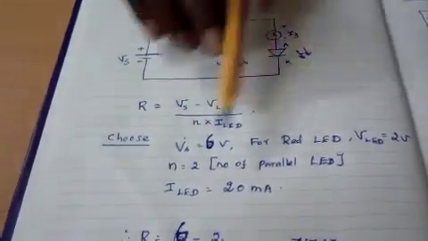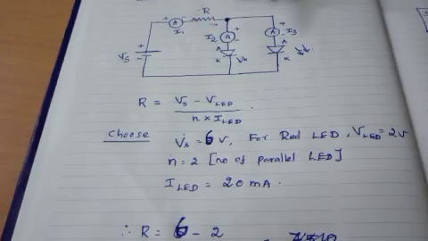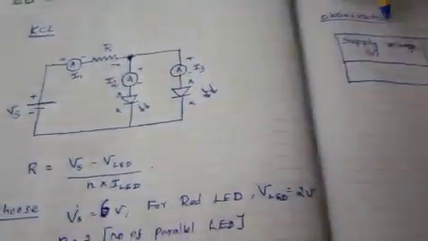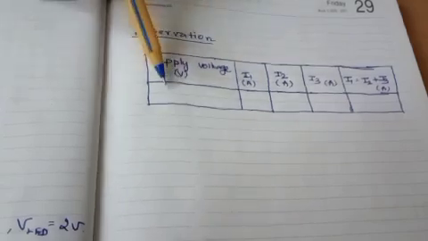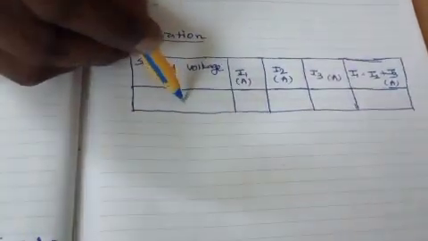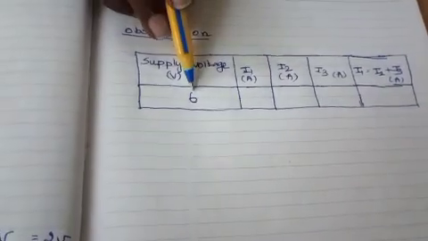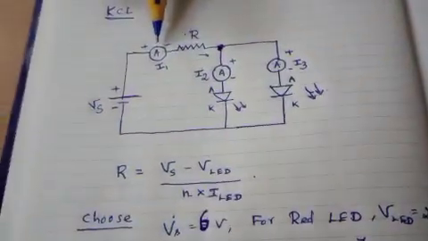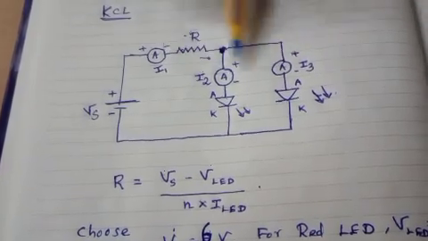Right, now let's see the procedure, how to do this experiment. Here I have posted the observation table. As I said, you need to choose some supply voltage. In our case we already took 6 volt, so I can take the supply voltage as 6 now. For this 6 volt, you try to note down the readings shown by these 3 ammeters.